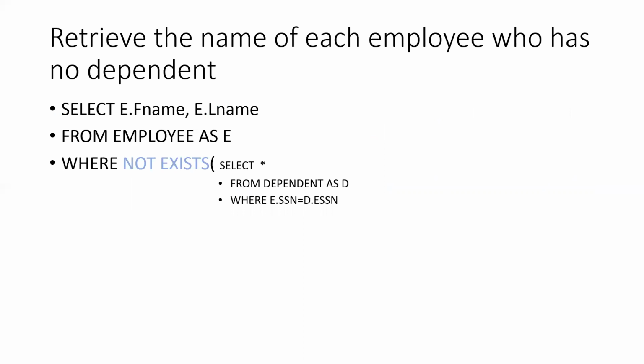So initially we select all the dependent tuples with employee SSN equal to ESSN. Select * from dependent as D where E.SSN is equal to D.ESSN, NOT EXISTS. Select E.first name, E.last name from employee as E where NOT EXISTS this one.